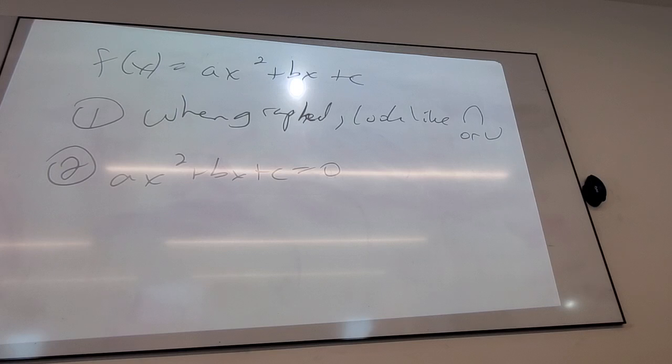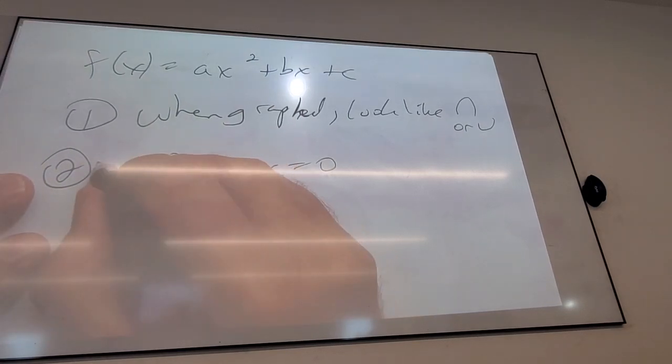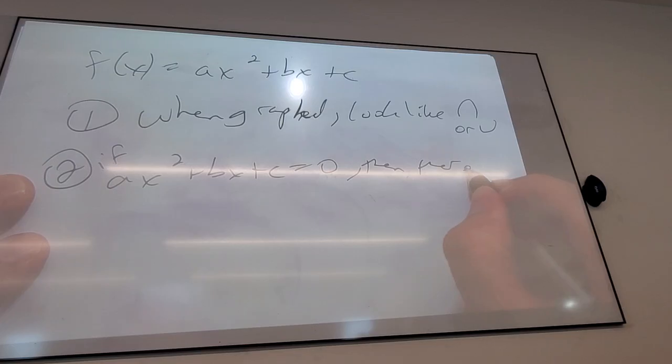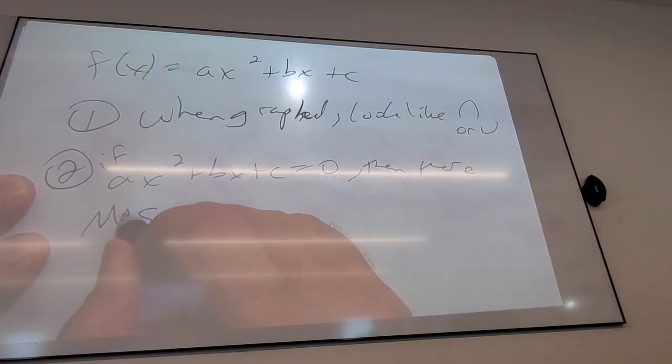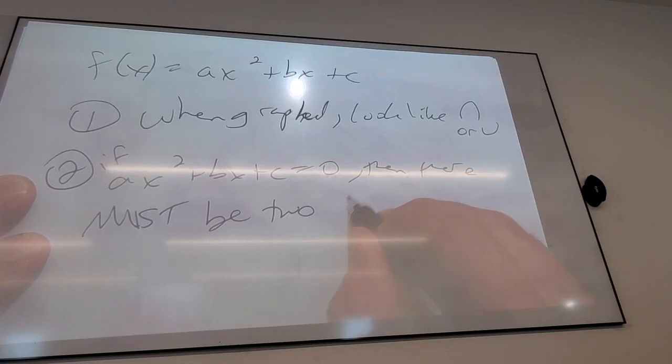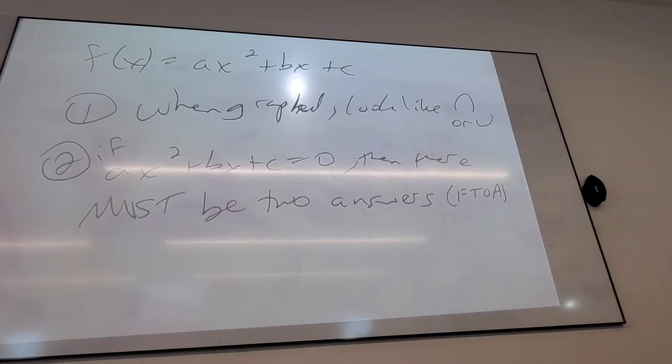So if I have this, then there must be 2 answers. What could be true about them? They could be from what? This is from the fundamental theorem of algebra. What could be true about the 2 answers I get?